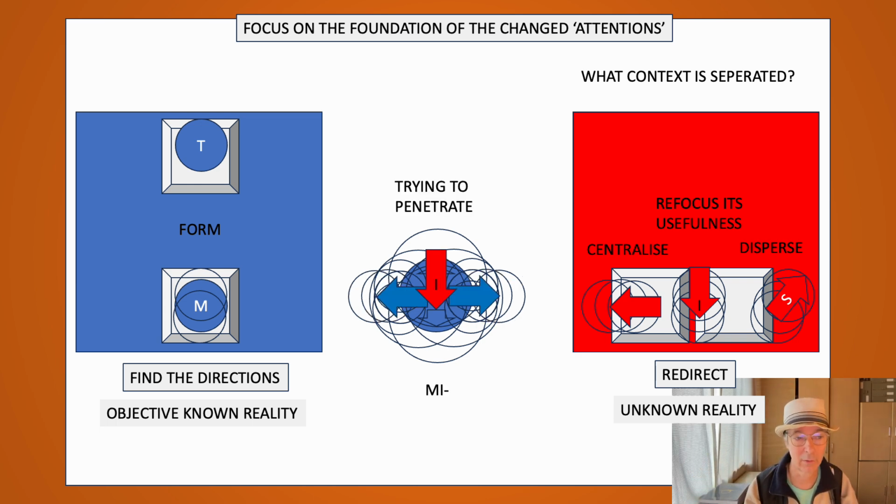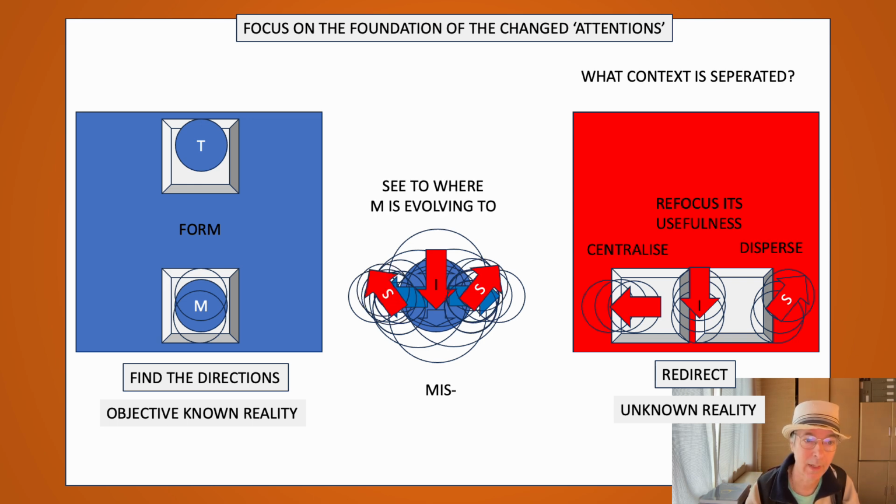With the M, we try to penetrate into this vision of where it can lead to, where it's going to, where the directions are going. It's not very clear yet. And with the S, it is dispersing again in all directions.